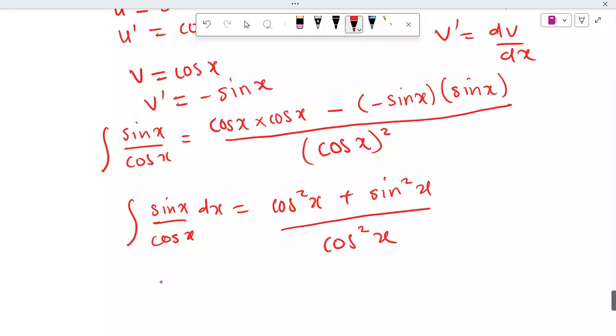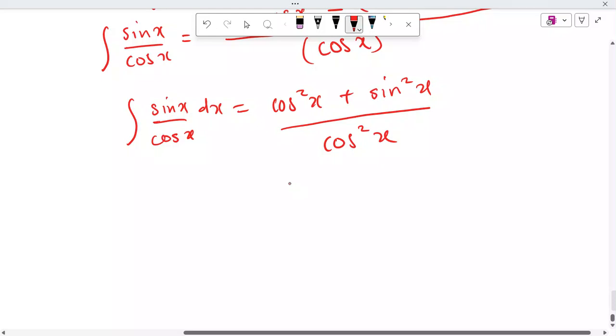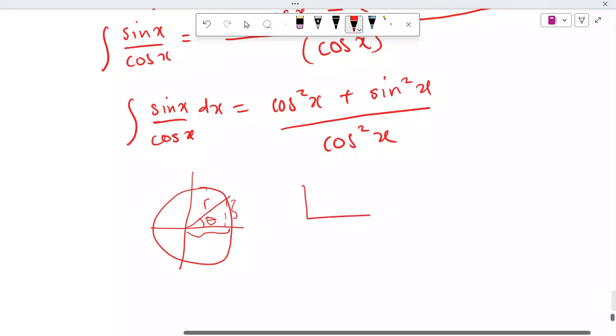So we'll continue. We know from the unit circle, if you remember very well, if you have a circle, the radius r separated by the angle theta here, if you use your SOHCAHTOA to find this distance and this distance, you are forming a triangle like this.